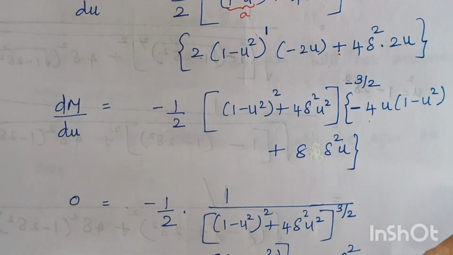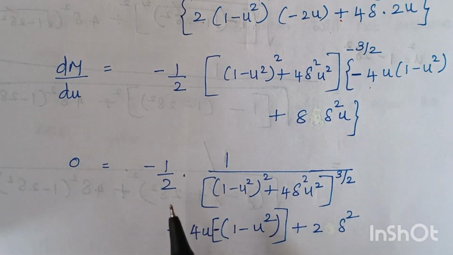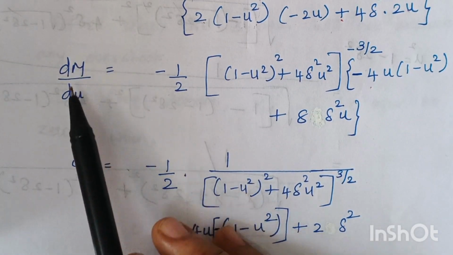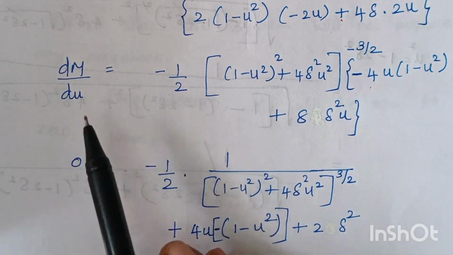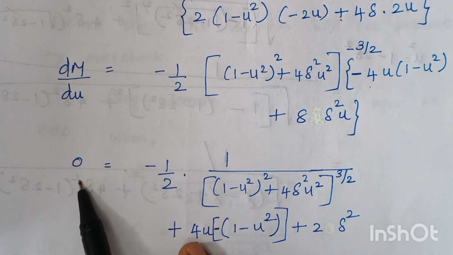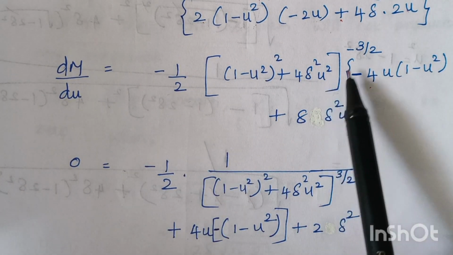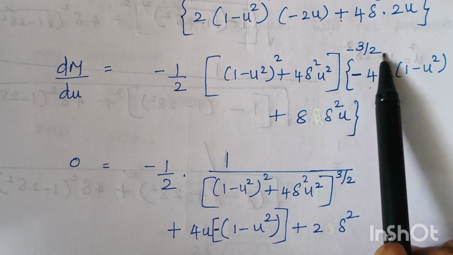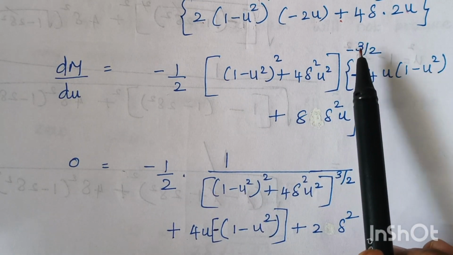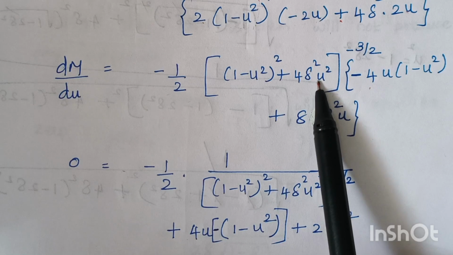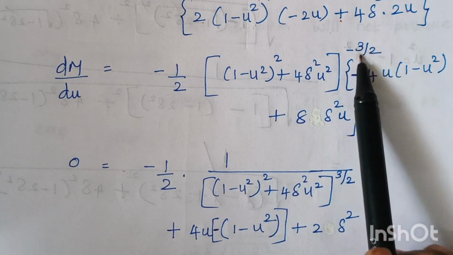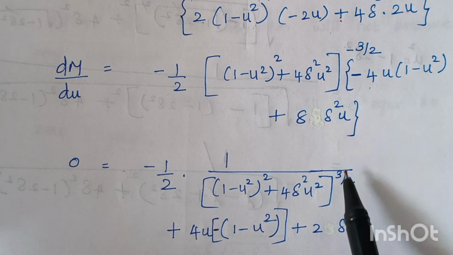And again the next step I had differentiated, right? Now I am going to equate this expression to 0, so here I had written 0. Again we have simplified, that's it. Here there is the term with power minus 3 by 2, right? When I write this term in the denominator, then this minus 3 by 2 will become plus 3 by 2. That's what happened here.